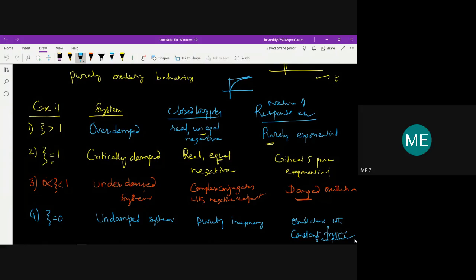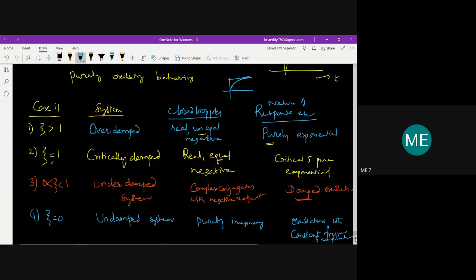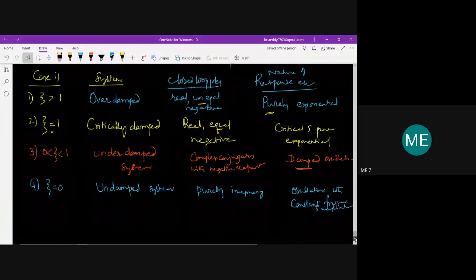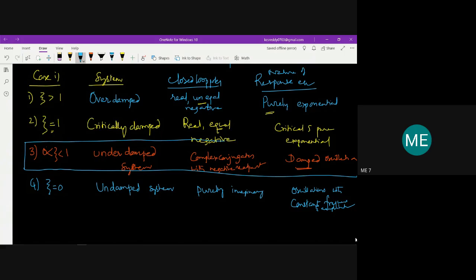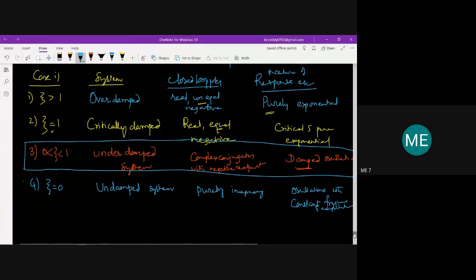So these are the four different cases, their behavior, their closed loop poles, and what we call those kinds of systems. In your syllabus we have the underdamped case, which we are going to study in detail for different inputs, that is, the effect of zeta less than 1.